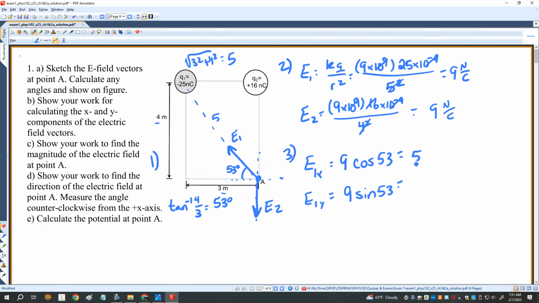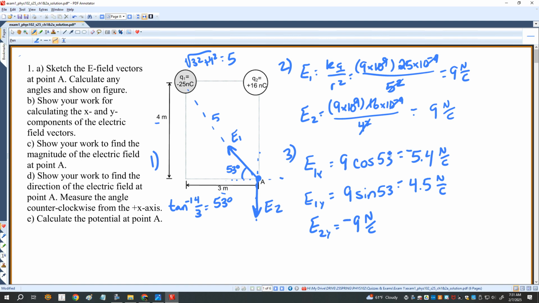This is 5.4, this is 4.5. Each of those are newtons per coulomb. And then E2 is all in the Y direction. E2Y is going to be equal to just 9 newtons per coulomb. Now actually, we'll draw these on their particular axes, but this is negative and then this is negative as well.